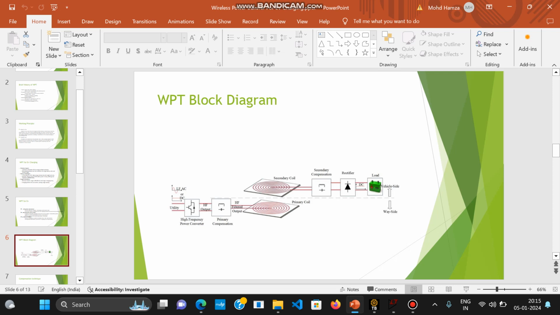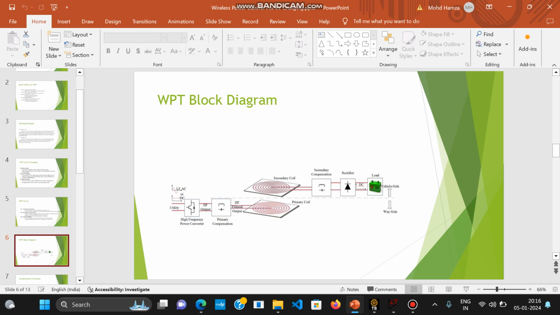When the circuits are in resonance, they will have a minimum resistance so that more power will be transferred through these coils without any obstruction of resistance. This is what both compensations are trying to do: maintain a resonance condition between the transmitter and the receiver. The transmitter is embedded into the ground and the receiver is attached to the bottom of the car.